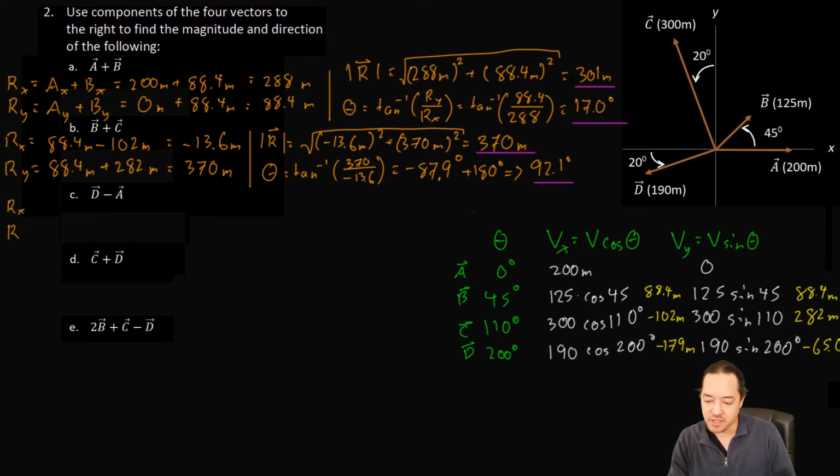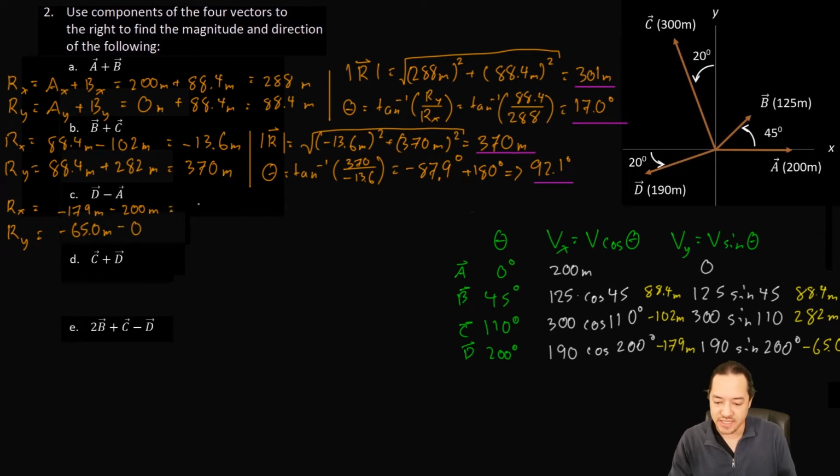Got r sub x and r sub y. So r sub x is going to be d minus a. Okay, so d sub x is negative 179 meters minus a, so that's minus 200 meters. And d sub y is going to be negative 65.0 meters. And a is going to be 0, so that's minus 0.